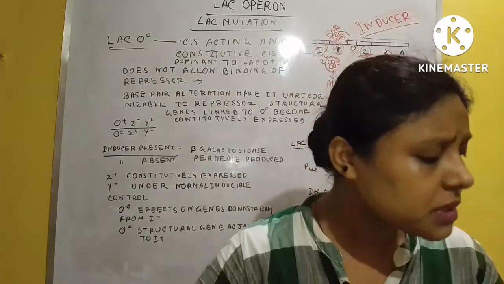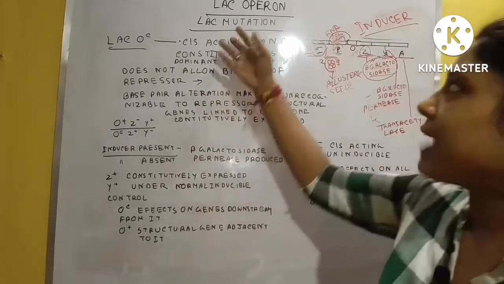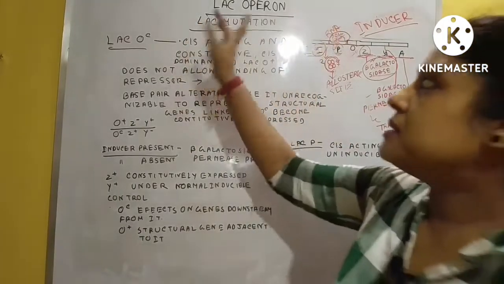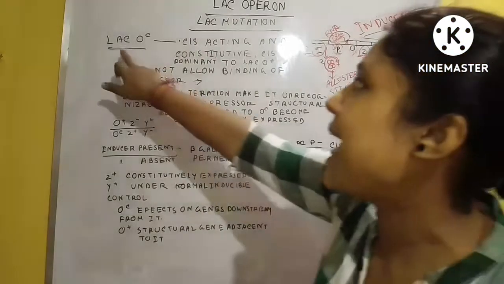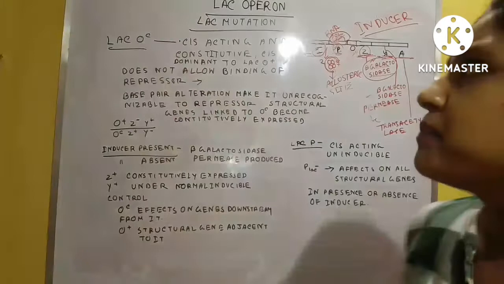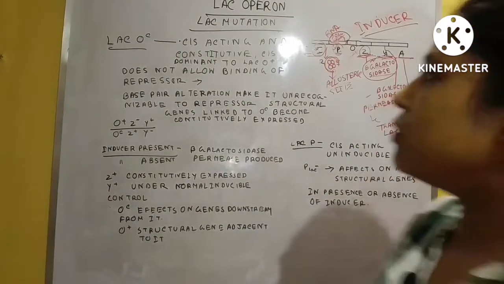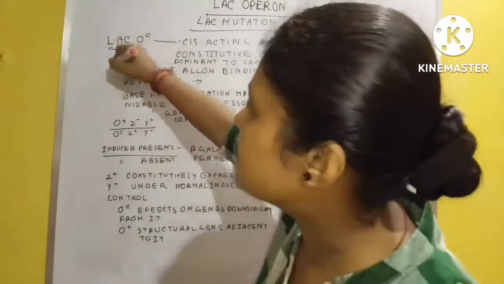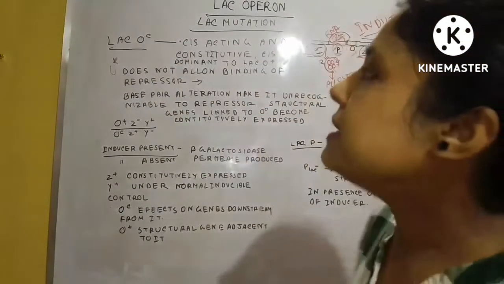So let's start. This is the topic Lac Operon, Lac Mutation, and today I will describe the Lac OC. C means constitutive. In case of Lac OC, generally Lac O plus is normal. Why is it normal?